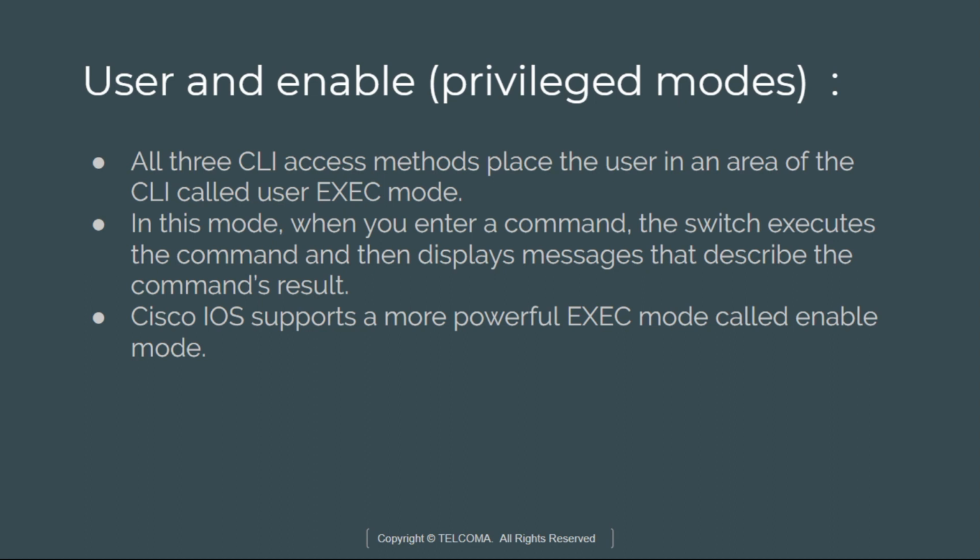Enable mode is also known as privilege mode or privileged EXEC mode. Enable mode gets its name from the enable command, which moves the user from user mode to enable mode. Privilege mode refers to the fact that powerful commands can be executed here.